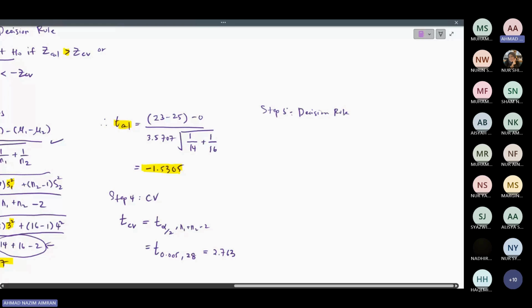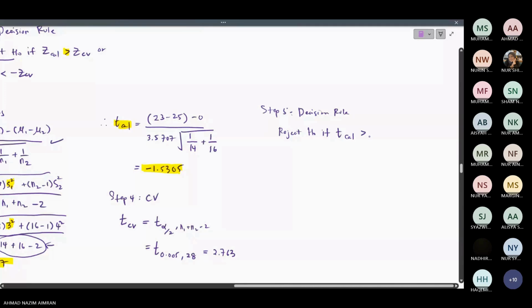For a two-tail test, the decision rule is reject H null if T calculated is greater than or equal to the T critical value, or T calculated is less than or equal to negative T critical value.